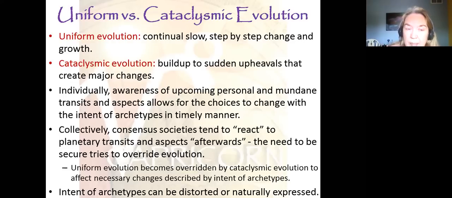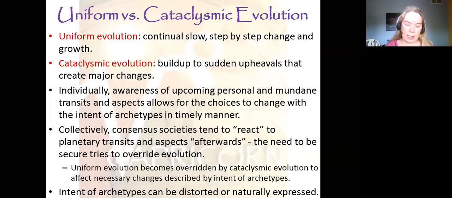However, collectively in consensus societies, approximately 7 out of 10 souls you observe on planet Earth anywhere, there is a tendency to want to resist change in order to feel secure.